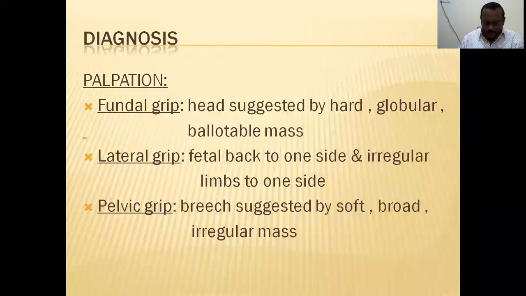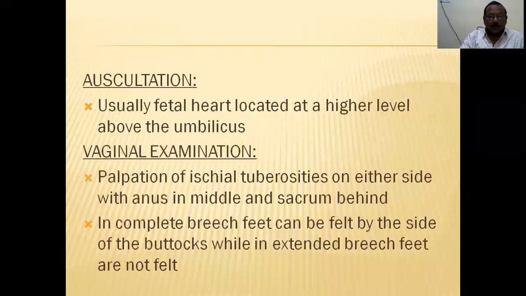In the lateral grip, you find the fetal back on one side and the irregular limbs on the other side. In the pelvic grip, breech is suggested by a soft, broad, irregular mass. So by this, on palpation, we can diagnose breech presentation.